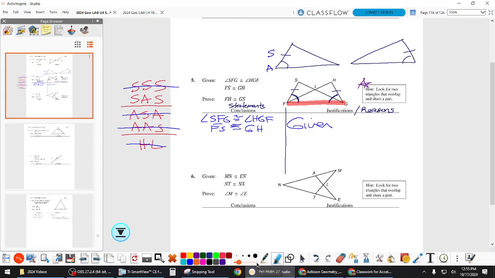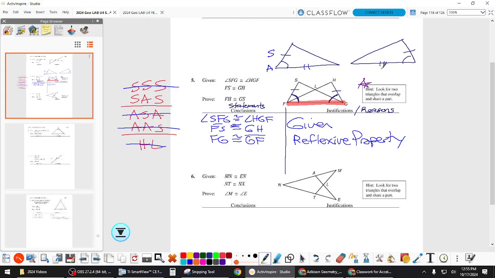Yeah, so we can say FG is congruent to GF, and that's by the reflexive property. And sometimes it's hard to see that in these overlapping triangles. Sometimes it just takes practice, but sometimes it's just hard to see it.